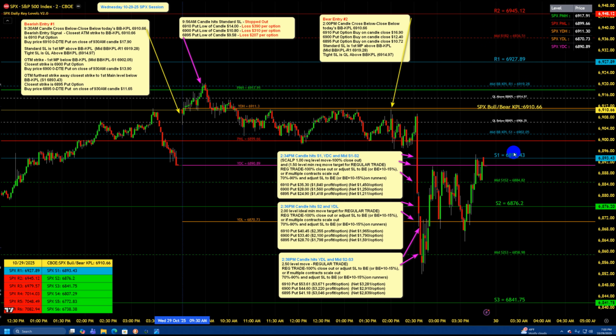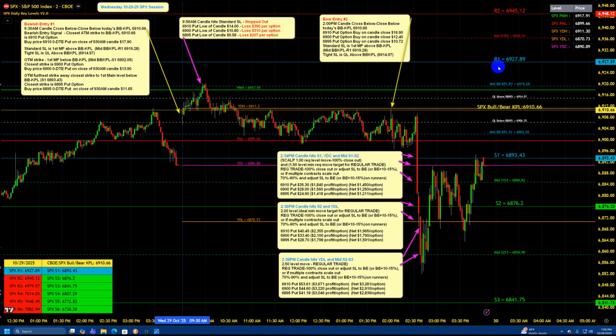Conversely, the main levels below, and some of the midpoint levels below, but all of the main levels below, and then the midpoint levels beyond a certain point that's exceeded would be your take profit levels for bearish trades that are initiated from bearish entry signals off the bull bear key price level.